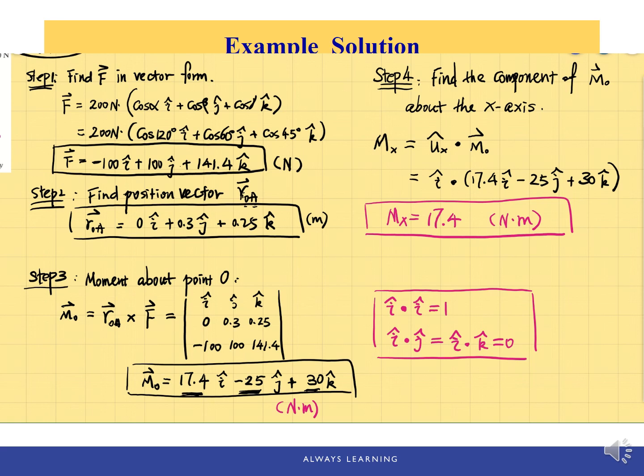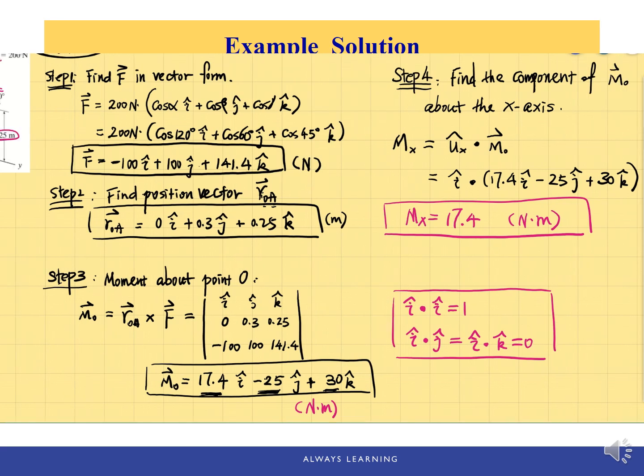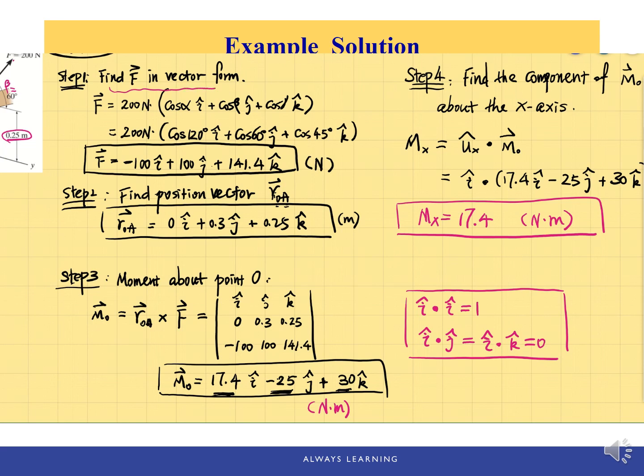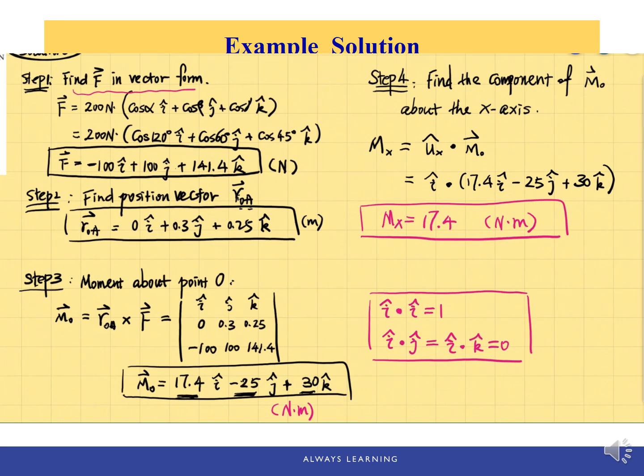Okay, so let's take a look at all of these steps. We are looking for the moment of the force about an axis, the x-axis. So first, we need to find the force F in vector form in order to perform the cross product. And then we find the position vector, our r_AO, and this position vector is from any point on the axis to any point on the line of action of the force.